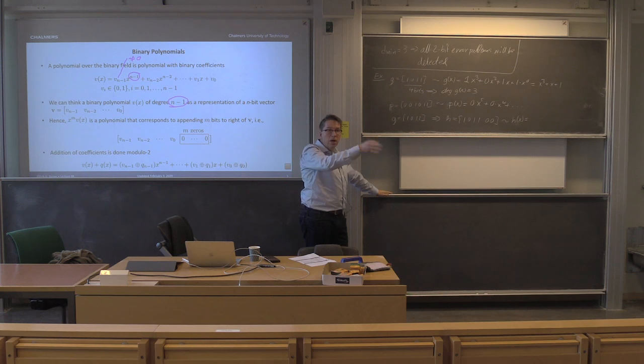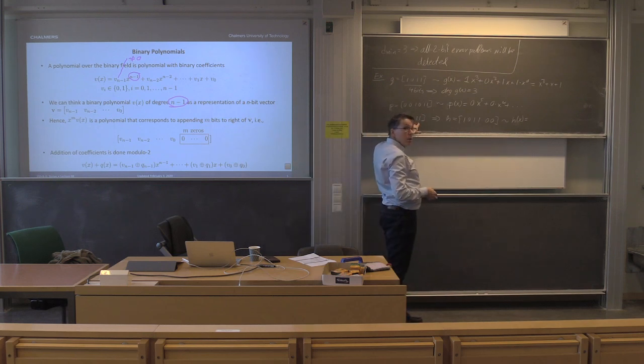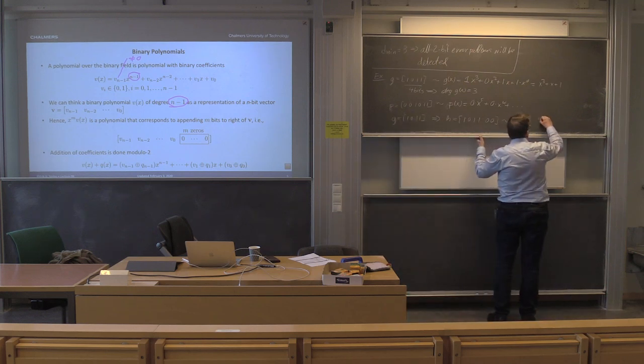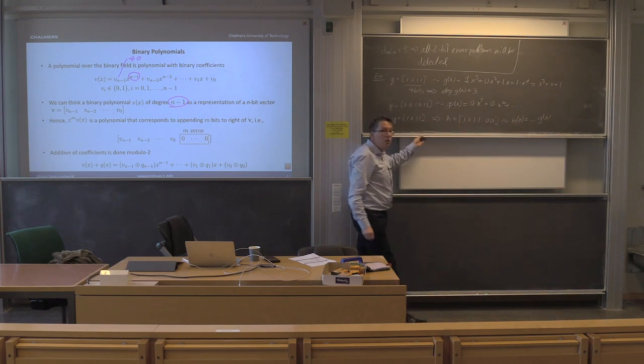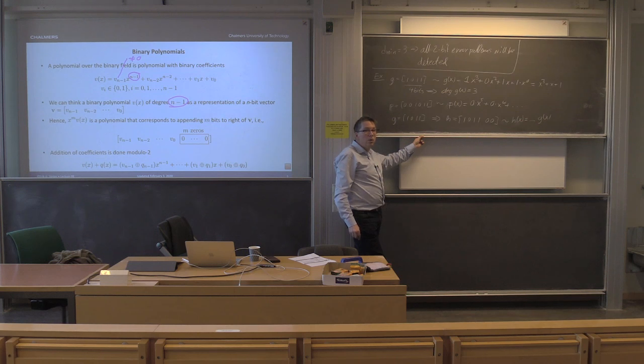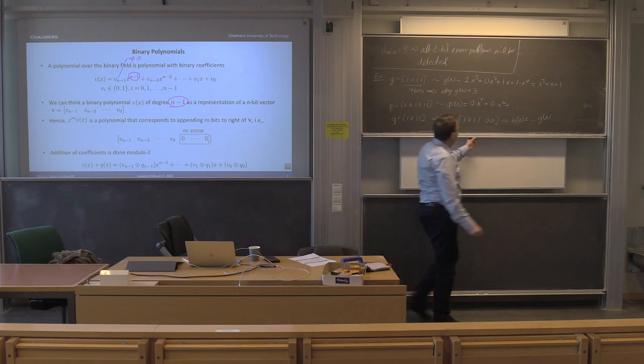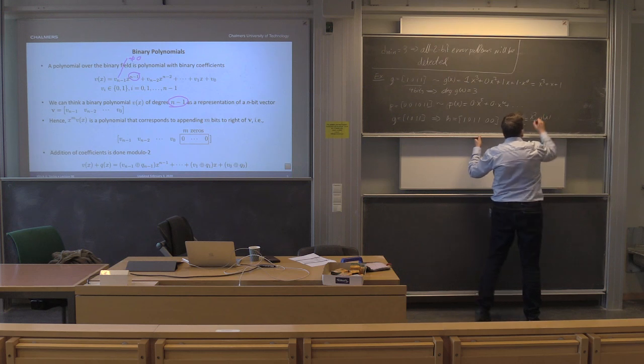Well, we can write out the numbers, but can we write this in terms of g of x? I claim we can do this if we add something here, a factor. Good. x squared, right?